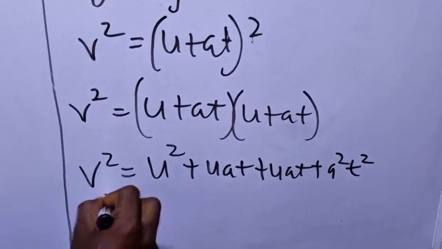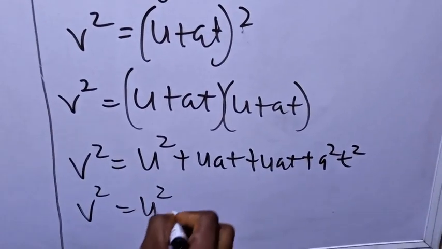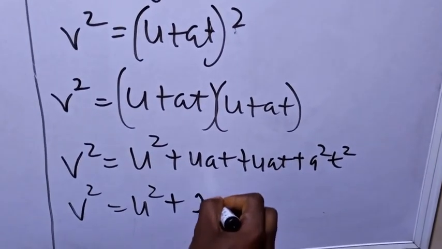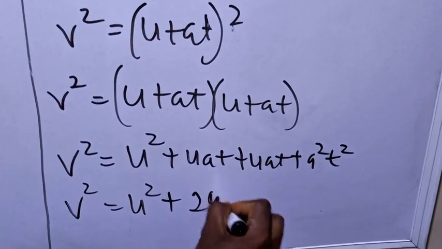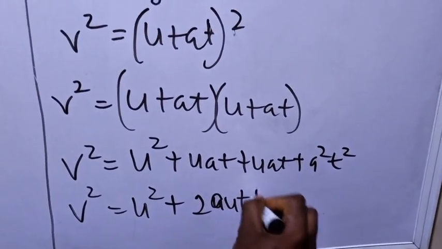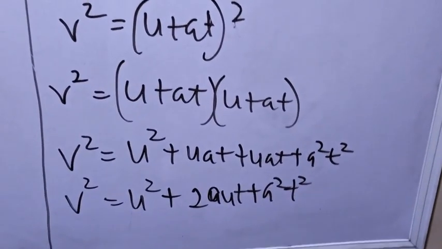Which is further broken down to be u square plus uat plus uat, you have 2uat plus a square t square.